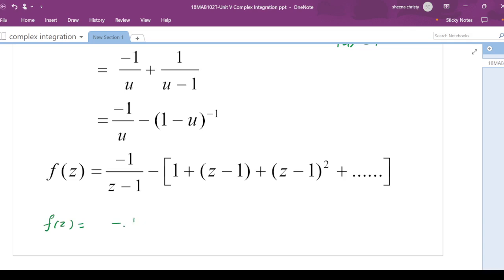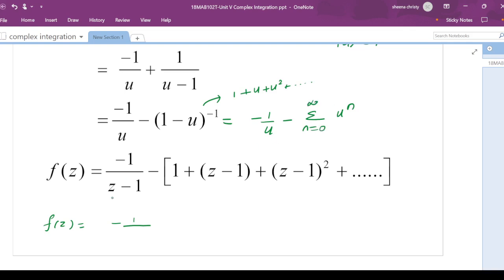So here f of z equals minus 1 by u, put u equal to z minus 1. Here itself, if you are writing the generalized form, you will get minus 1 by u minus sum of, here if you are expanding it, what you will get is 1 plus u square, etc. So it will be sum of u power n, where n ranges from 0 to infinity.